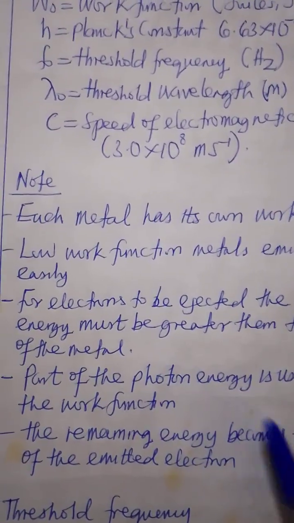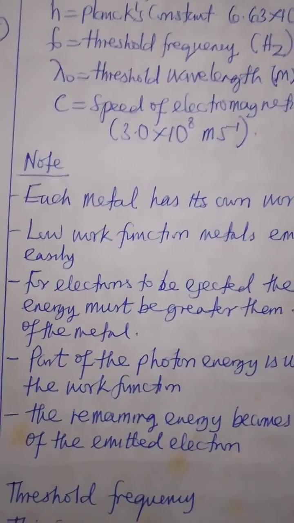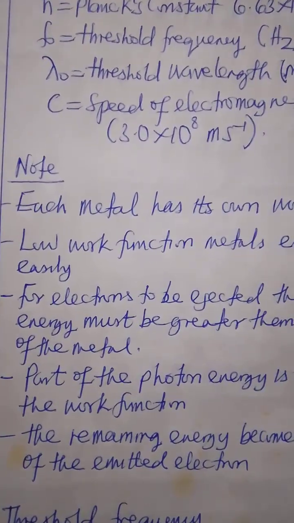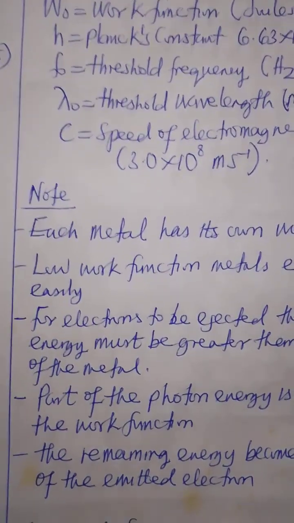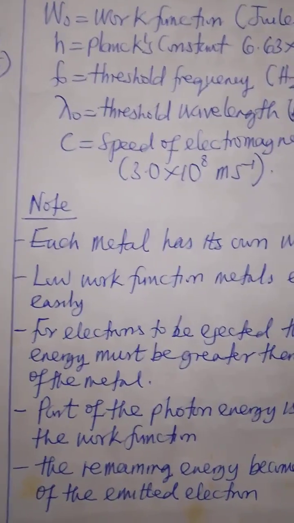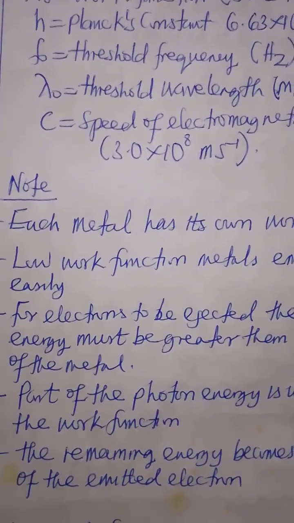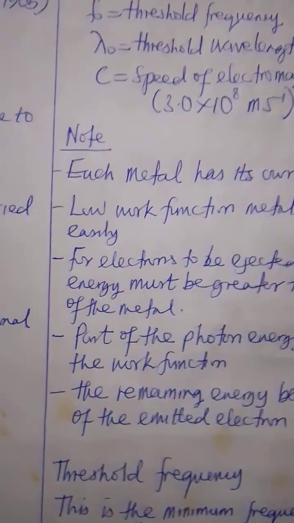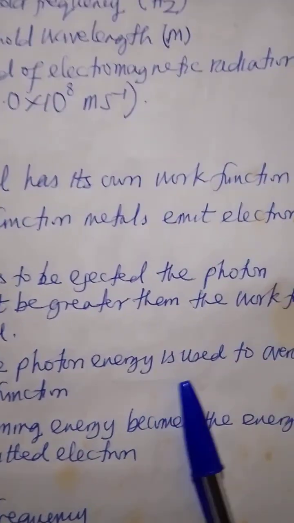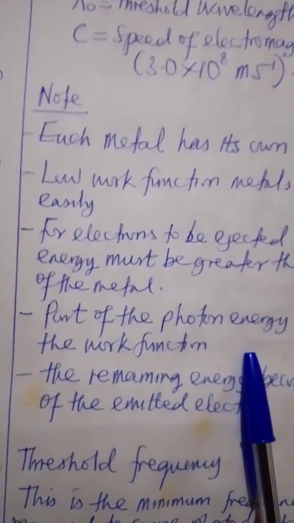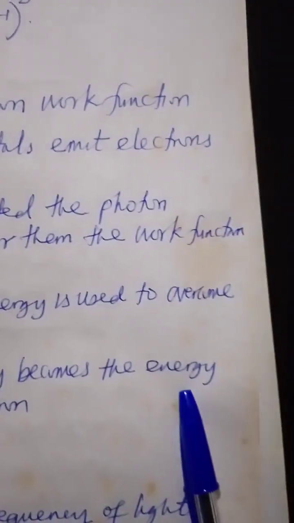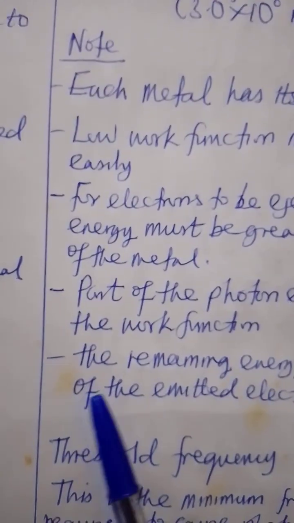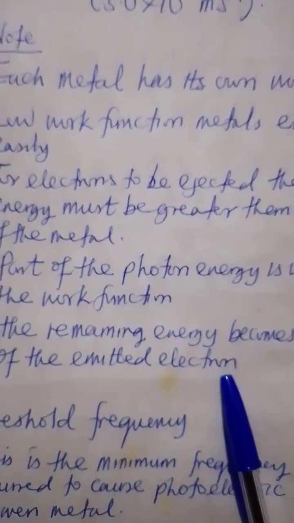That is, the frequency of the incident radiation must be greater than the threshold frequency, or the wavelength of the incident radiation must be shorter than the threshold wavelength. Now, part of the photon energy is used to overcome the work function of the metal. The remaining energy becomes the energy of the emitted electron.